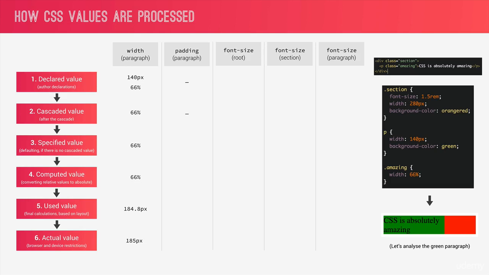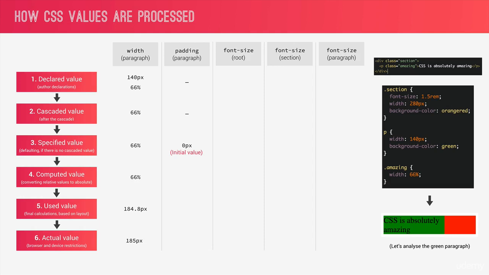But we do have a specified value, and that's because each CSS property has something called an initial value, which is simply the value used if there is no cascaded value. So basically, if we don't declare a value, and if neither the browser nor the user define a value, then the initial value will be used. Actually, inheritance also plays a role here, but let's leave that for later, okay?